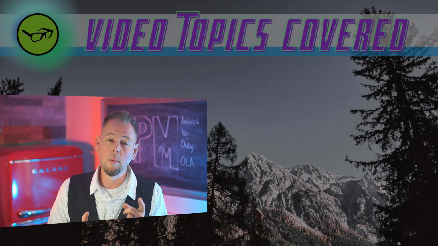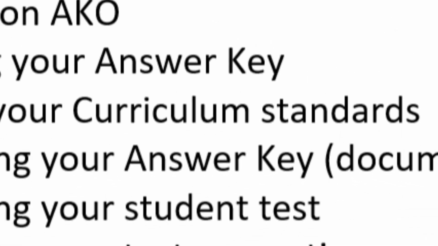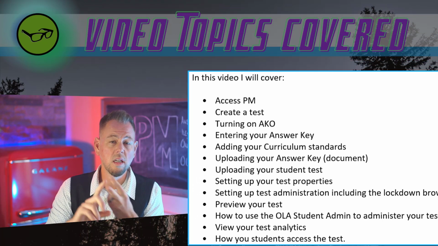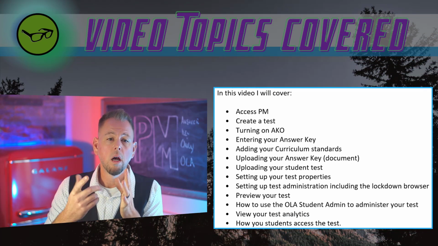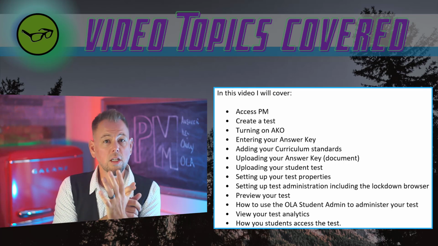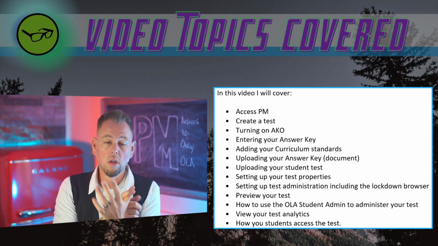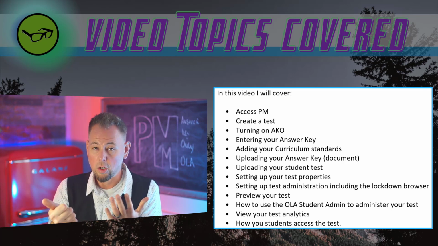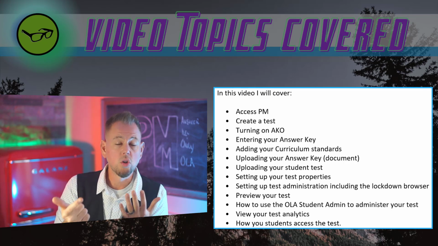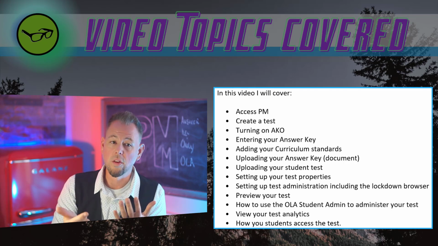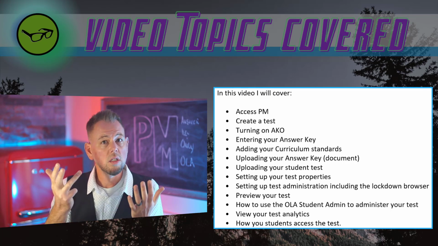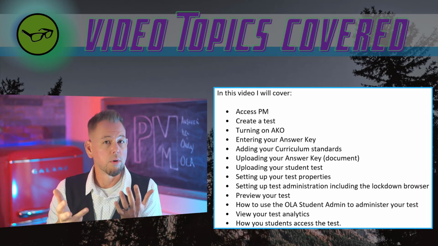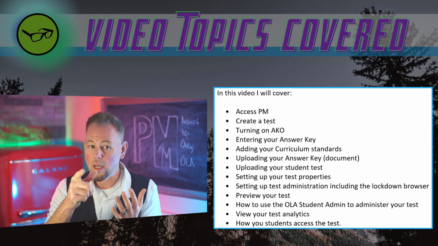Awesome. Okay, so in this video, I'm going to cover everything from accessing Performance Matters to creating a test, to turning it into an AKO, entering your answer key, setting it to your curriculum standards, uploading an answer key for later use if you'd like, uploading your student test version for the one that the students will see, setting up your properties for your test, setting up your administration properties for your test, including the lockdown browser.